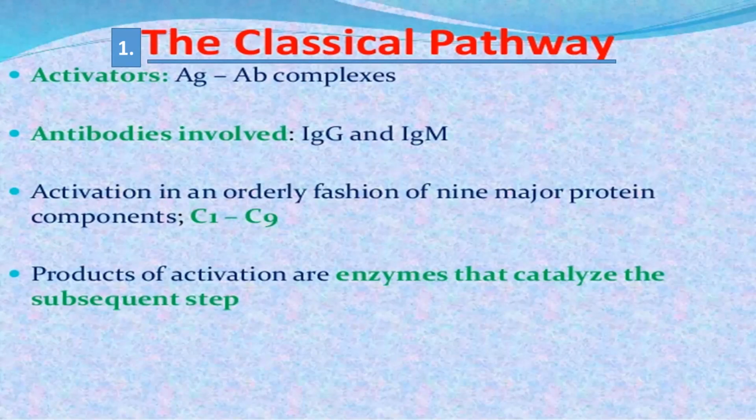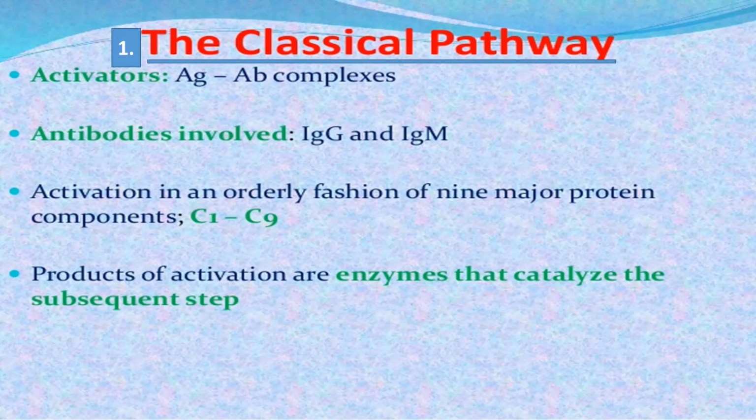If IgG is involved, then we require two IgG antibodies because the IgG molecule is smaller than IgM. That's why we need two IgG antibodies, and if IgM is there, then only one is sufficient for the activation of this classical pathway.